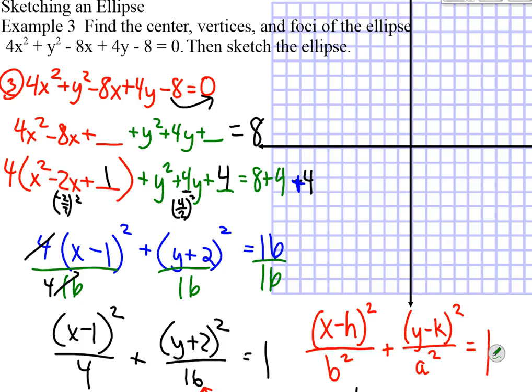Okay, again, I can't see these, but let me know if I make a mistake. 1, negative 2 is the center, so I'll put that on there. And then 1, 2 is a vertex, or a point on the ellipse. And then 1, negative 6 is another point.